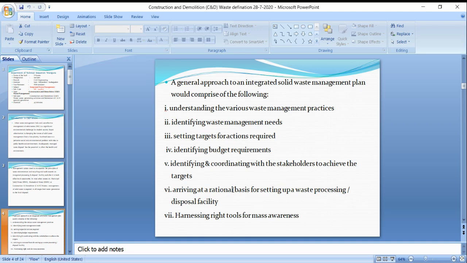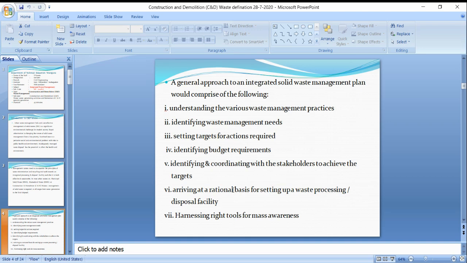Setting targets for actions required. So they have to set the targets for every period, so that they can reduce the waste. Identify the budget requirements. So they should also identify the budget, because the budget requirement is also important. And also identify and coordinate with the stakeholders to achieve the targets.